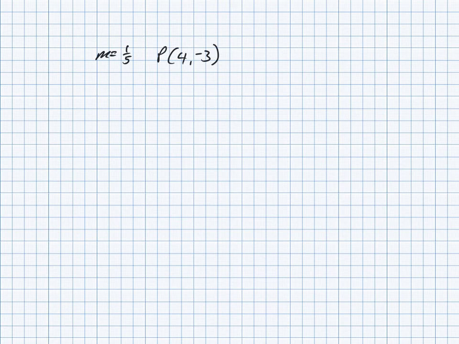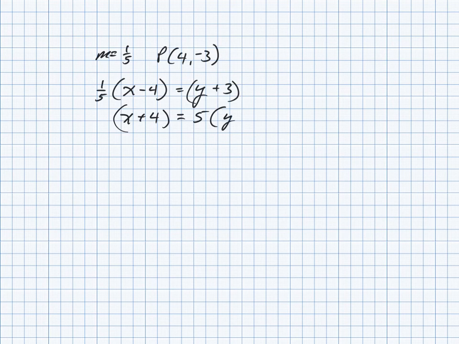Let's first create the equation. So it's going to be slope is 1/5, times x minus the x value, which is x minus 4, equals y minus the y value, which is going to be plus 3. So multiplying both sides by 5 gives me x minus 4 equals 5 times y plus 3.